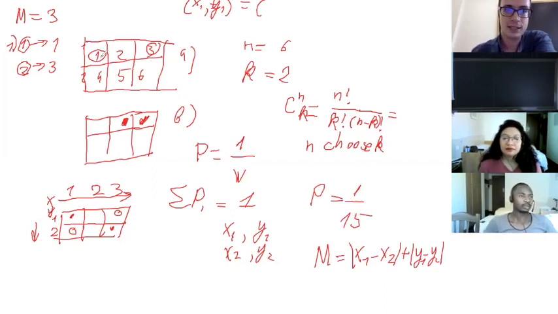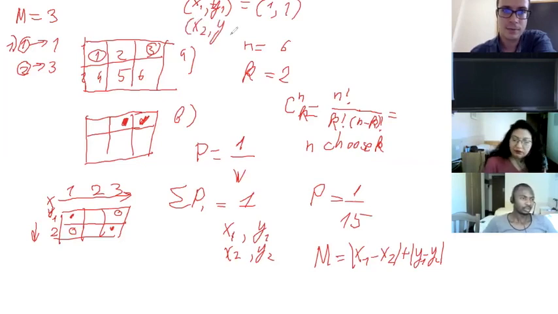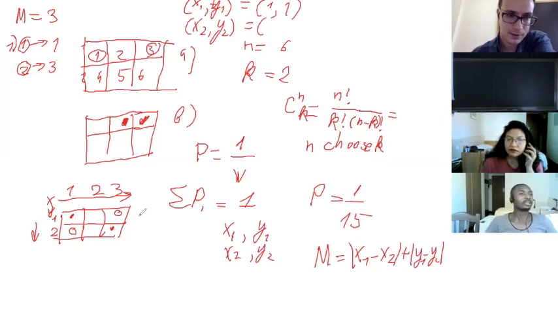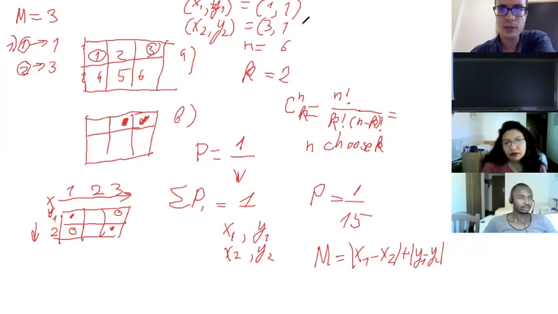So particle 1 sits here, at 1, 1. Then the particle that sits here: 3, 1. Okay. Now let's compute the Manhattan distance. How do we compute it? The absolute value of x1 minus x2 equals 2, and y1 minus y2 equals 0.